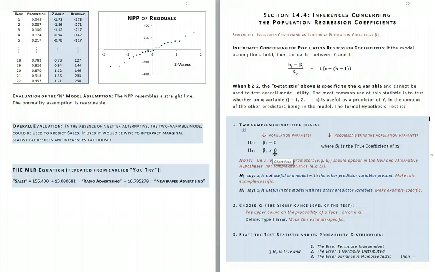From another perspective, the independent variable xj is useful in the context of the multiple linear regression model. In step 2, we choose alpha, the significance level of the test, and put an upper bound on the probability of incorrectly deciding that the xj independent variable is useful in the model.